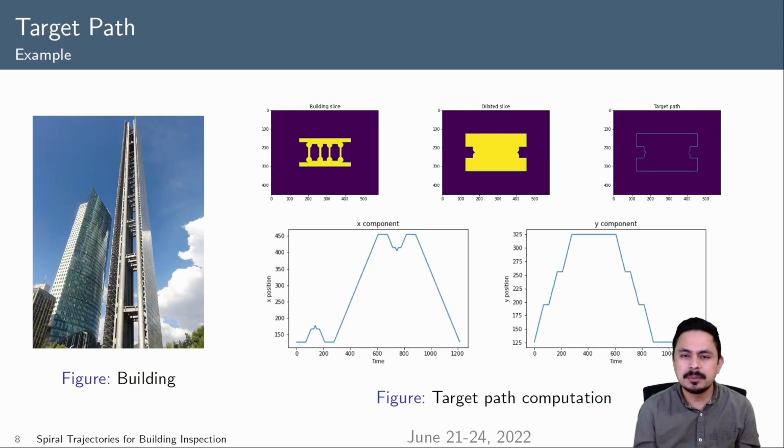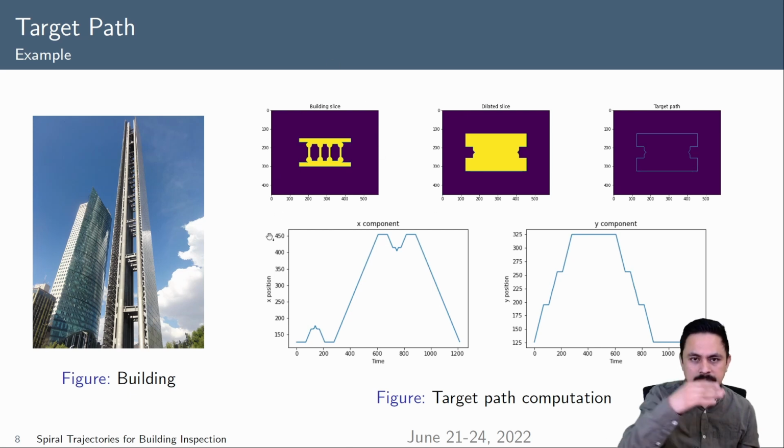Here is an example of the process. We have the target building, and for this target building we compute a voxel map that is not presented here. However, for this voxel map we compute several slices. Here we can see an example of one slice.